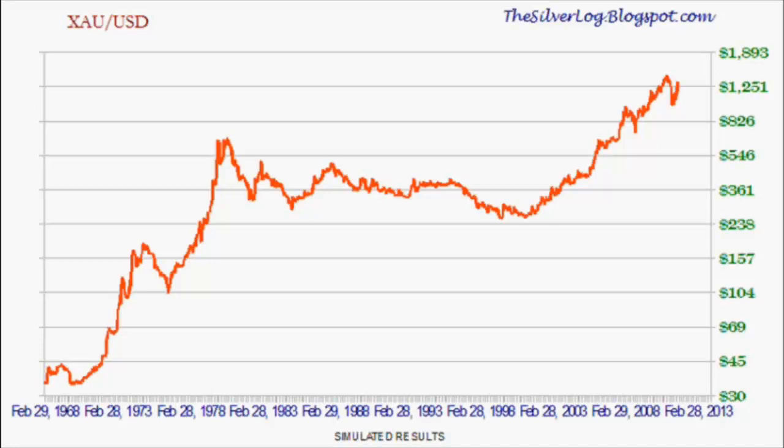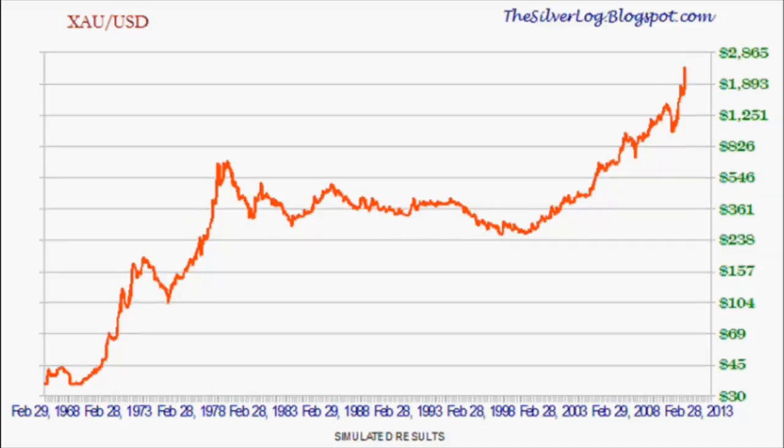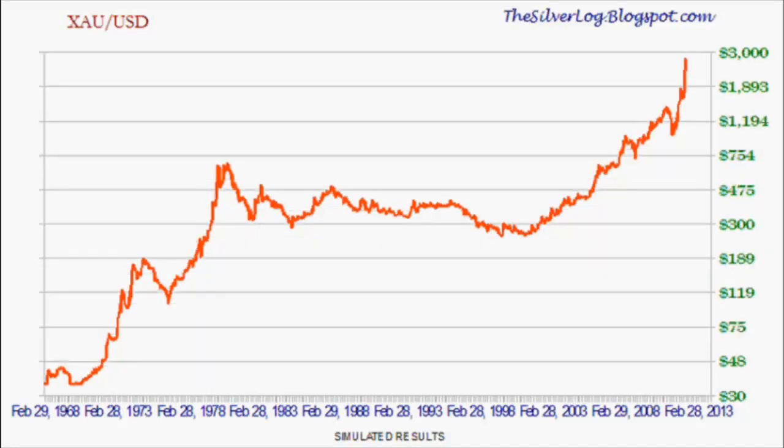But fiat currencies cannot stand the test of time and either will have to peg themselves to real commodities, real assets, or go through the means of hyperinflation.